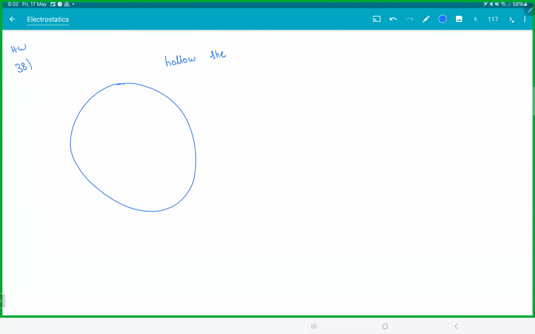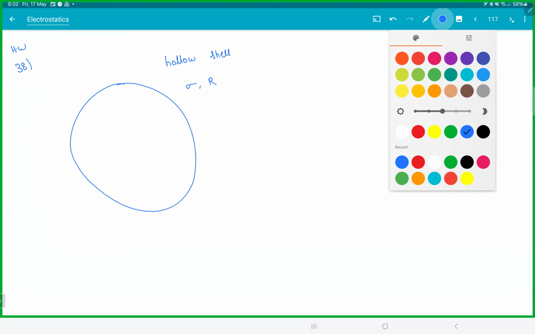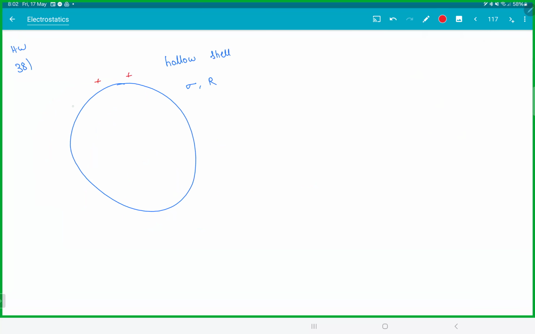We have a hollow shell with charge density sigma and radius r. Sigma is the surface charge density. B is the breaking stress. And T is the thickness.